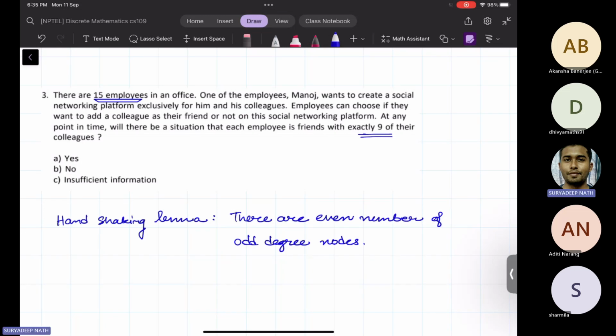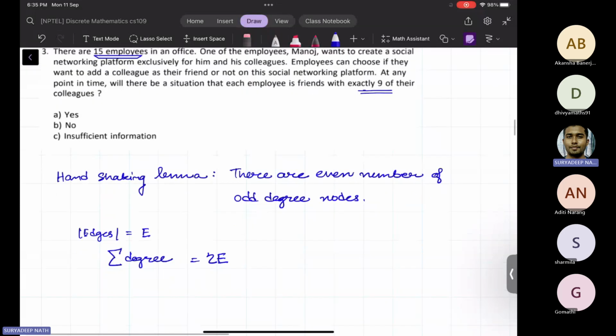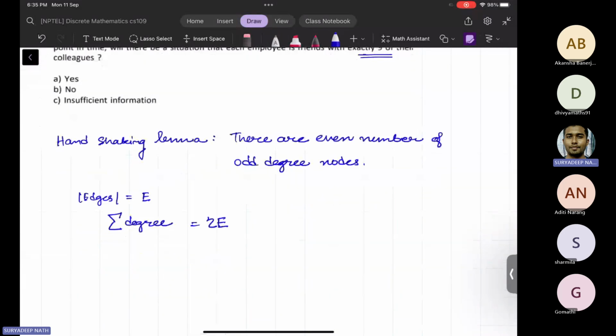Like Akanksha said, let's say the number of edges is E. So the sum of degrees is 2 times the number of edges. This is what Akanksha said. So what this handshaking lemma is saying is that the sum of degrees is always even.